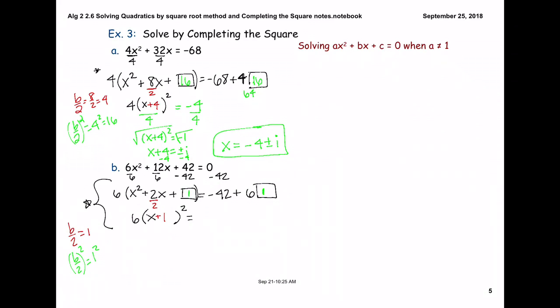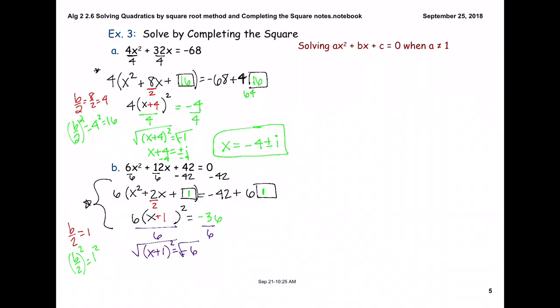We need to combine our like terms. So negative 42 plus 6 is going to give us negative 36. So you need to isolate your squared term. So the inverse of multiplying by 6 is dividing by 6. So we are left with negative 6 on the right-hand side.